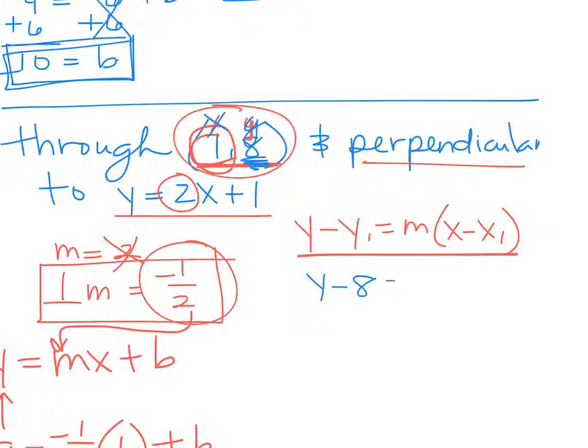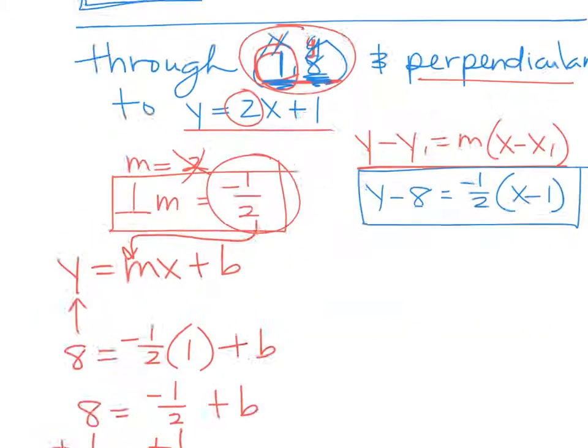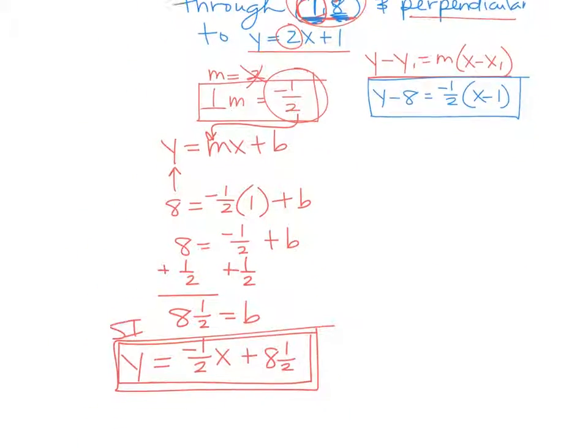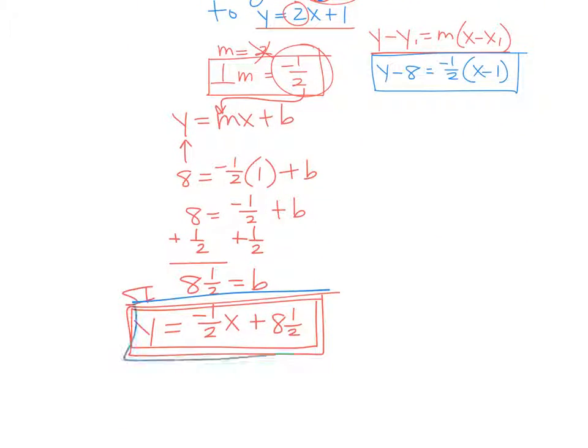The 8 equals your new slope, negative 1/2, times x minus what? Your x value, which was 1, okay? So if you're going to put it into point-slope form, it's going to look like that. If you're putting it into slope-intercept form, it looks like this. Those are the same line. They look different because they're in a different form, but they really are the same line, okay?